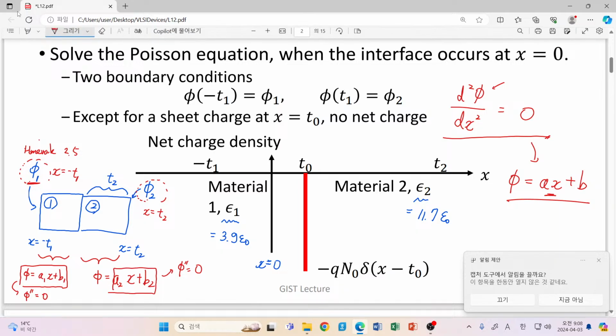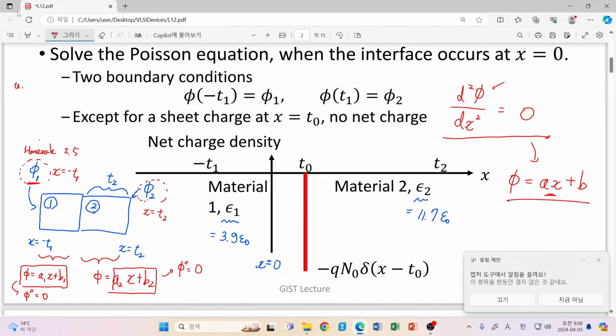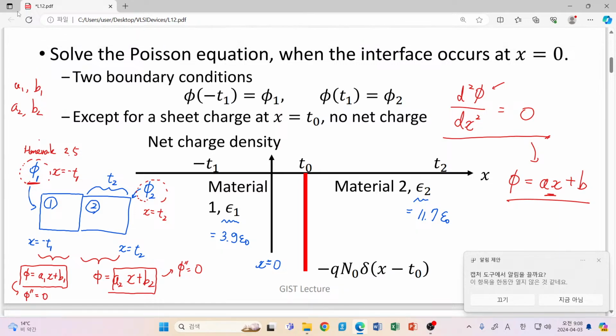We have 4 different numbers, and by supplying these two boundary conditions at minus t sub 1 and t sub 2, we supply just two conditions, and we need 2 more. Where can you find 2 more conditions to set these parameters?